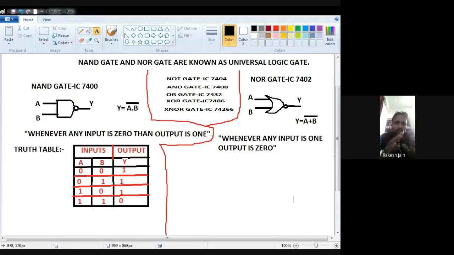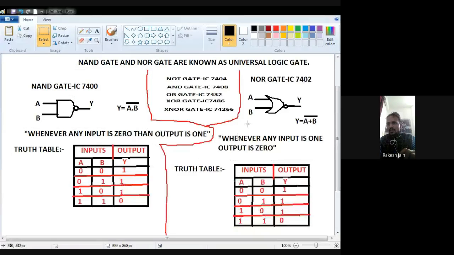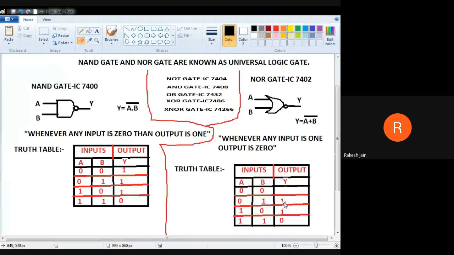Whenever any input is 1, output is 0. This is the basic definition of a NOR gate. In the NAND gate, whenever any input is 0, then output is 1. But here whenever any input is 1, then output is 0.